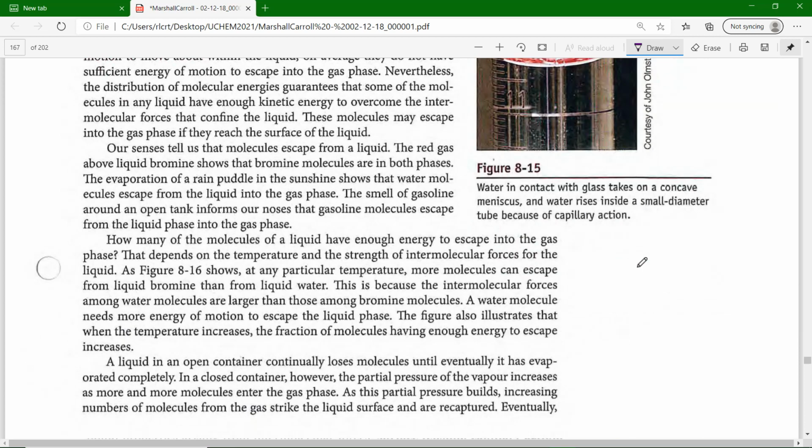Some of the molecules in any liquid will have enough kinetic energy to overcome the intermolecular forces and escape. And if you cover the lid, the pressure above the liquid at a given temperature is called the vapor pressure of the liquid. So you have a two-phase system, right? You've got the liquid and then you've got the vapor above the liquid. It's all covered, and that's the vapor pressure.